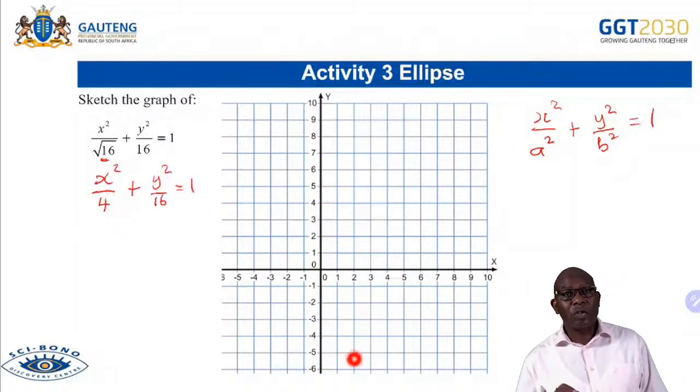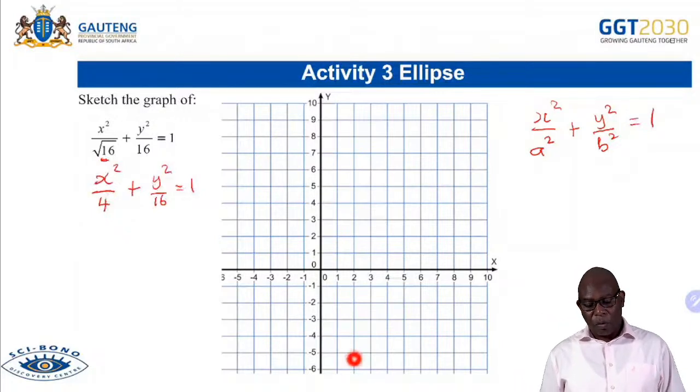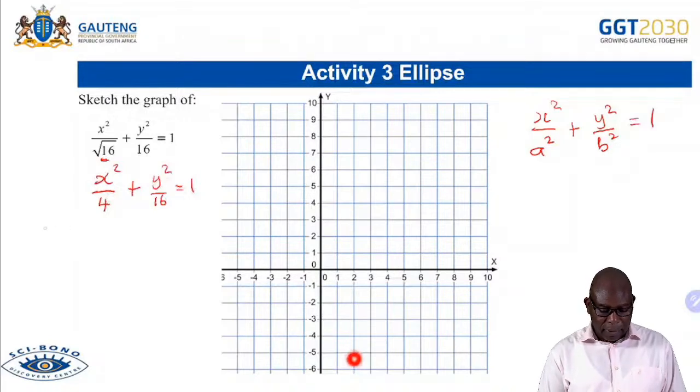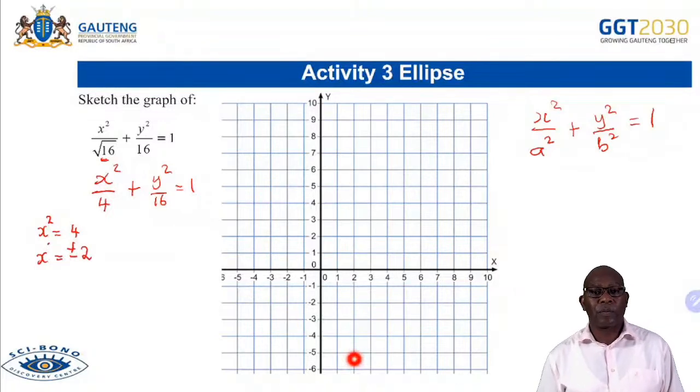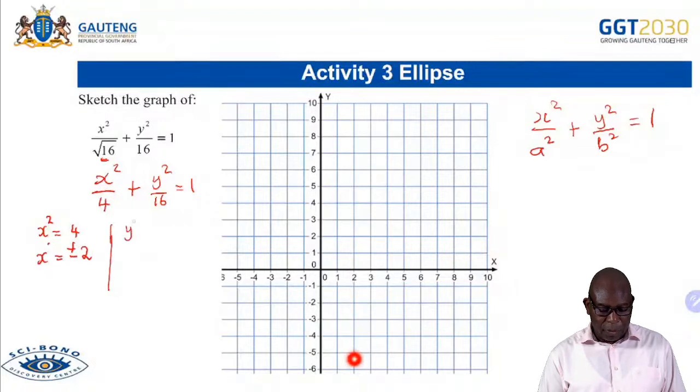The easy way to get your x and y intercepts is, if x squared equals 4, x will be plus or minus the square root of 4, which is 2. For y, y squared equals 16, so y equals plus or minus the square root of 16, which is 4.